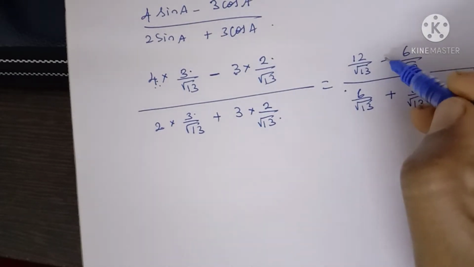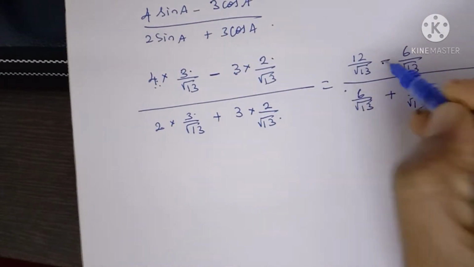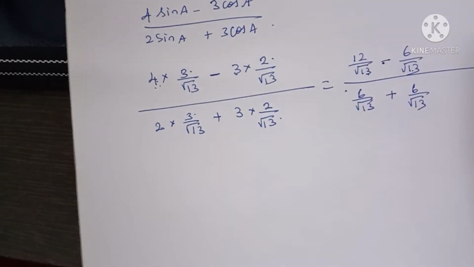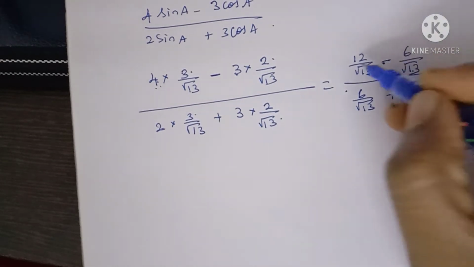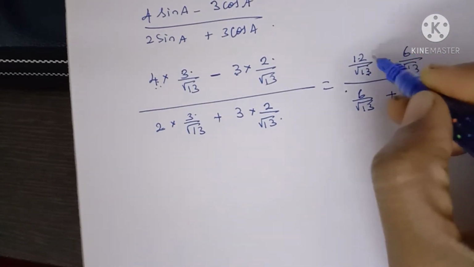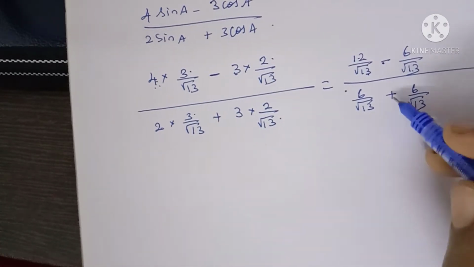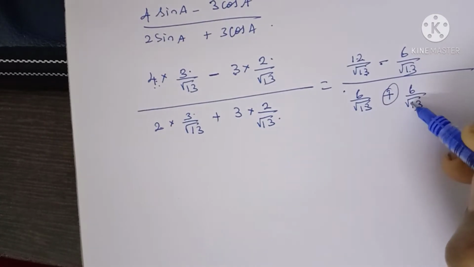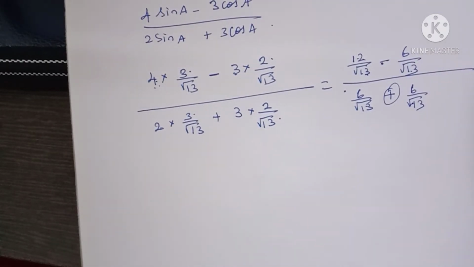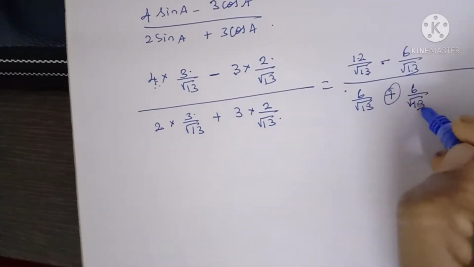Now if you see here, in between minus sign is there and denominators are same. So take the common denominator root 13 and directly you can subtract the numerators, that is 12 minus 6. Here again plus is there and the denominators are same.